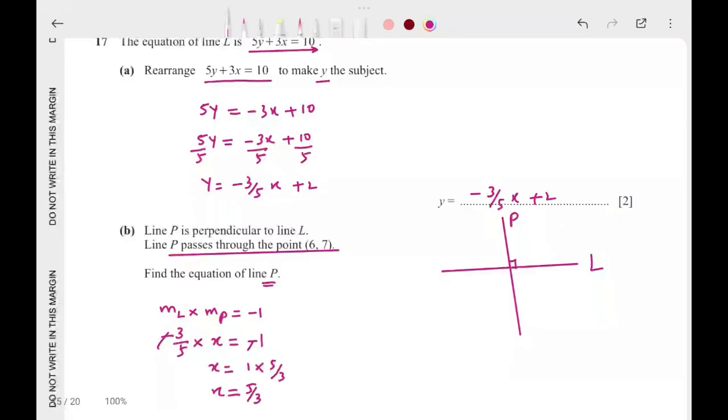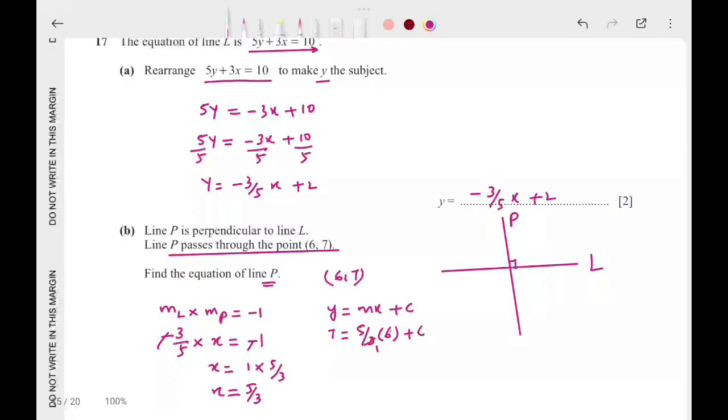We use the same coordinates. We know that y is equal to mx plus c. So over here the point is given, that is (6, 7), and in place of y we are going to write 7 is equal to 5 by 3, in place of x we are going to write 6, plus c.